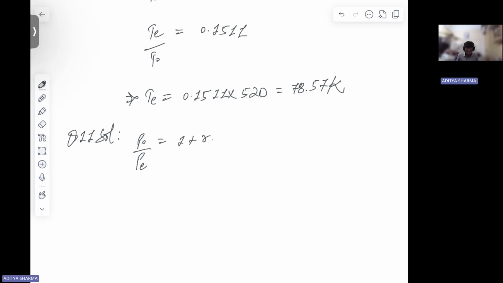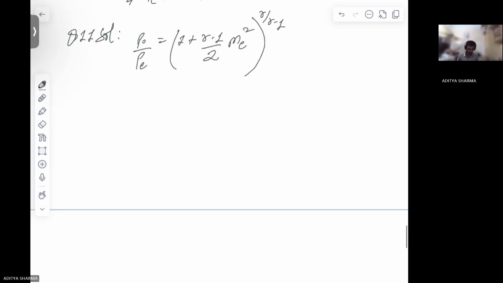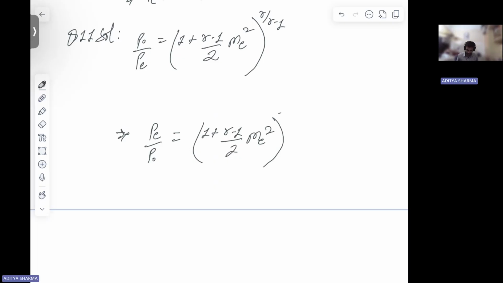This is 1 plus gamma minus 1 by 2 Me square raised to power gamma by gamma minus 1. Implies P exit by P naught is 1 plus gamma minus 1 by 2 Me square raised to minus gamma by gamma minus 1.